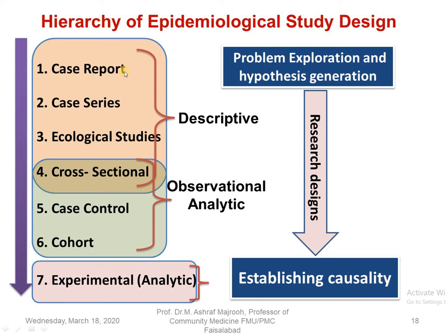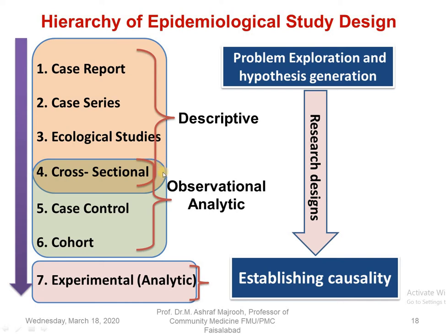They are case reports, case series, ecological study. These are purely descriptive designs, and cross-sectional study falls in both descriptive as well as in observational analytic. It can be used for both developing and testing the hypothesis.